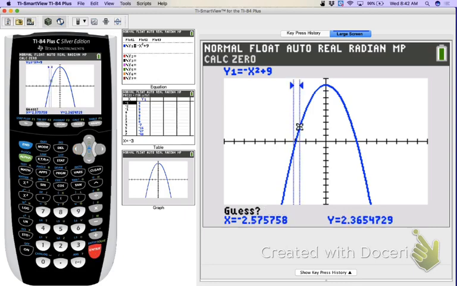What should happen is you should get 2 lines. If you have an 83 or older, then it's just going to have the arrows and it's not going to give you the lines. If you use Desmos or things like that, it will put the point on there for you.